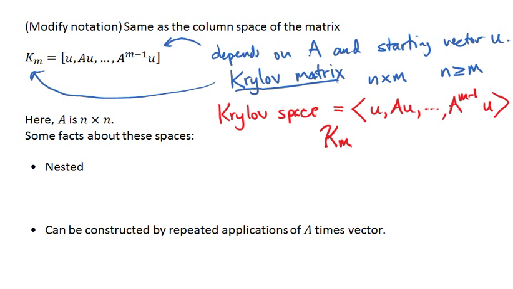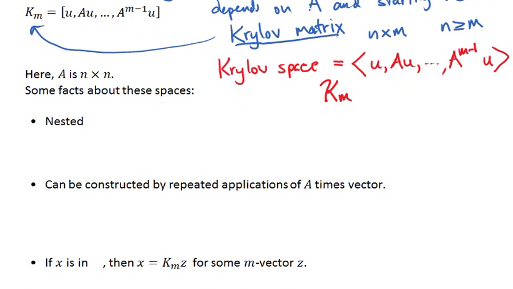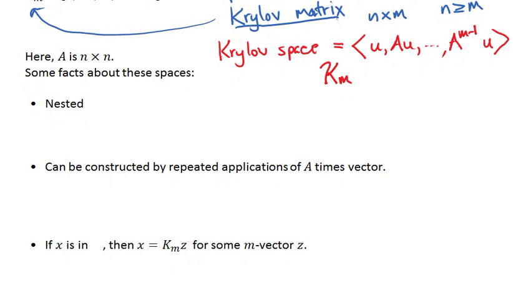Okay, so some basic facts about these subspaces. They are nested. So what that means is that as a space, K1 is a subset of K2, which is a subset of K3, and so on, forever. They build on each other.